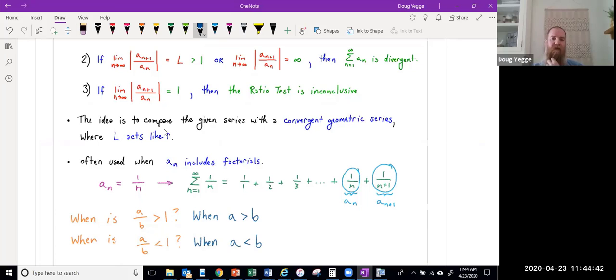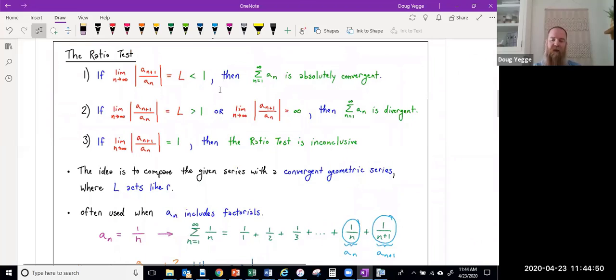And so now we can think about this as comparing to a geometric series. So basically what we're doing here is taking A sub n plus 1, the next term in the sequence, divided by the prior term in the sequence.